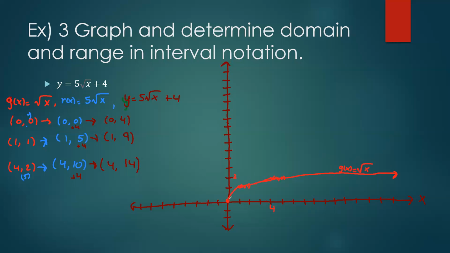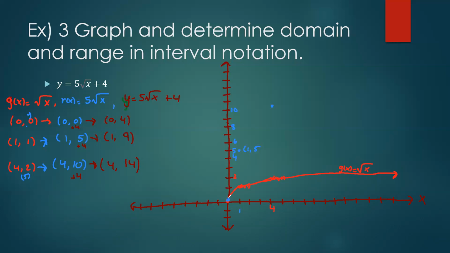That would be (0, 0), (1, 5), which is 1, 2, 3, 4, 5, and then (4, 10).